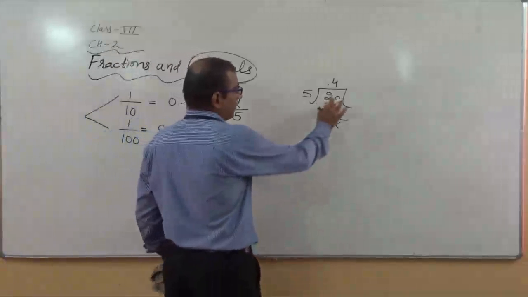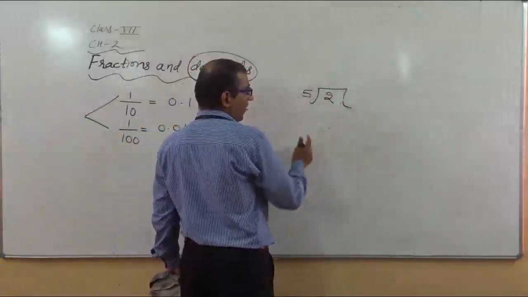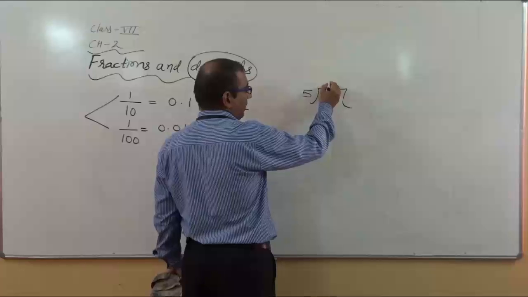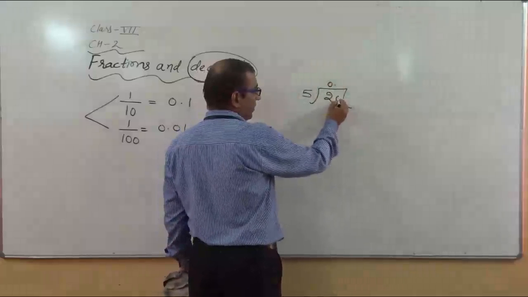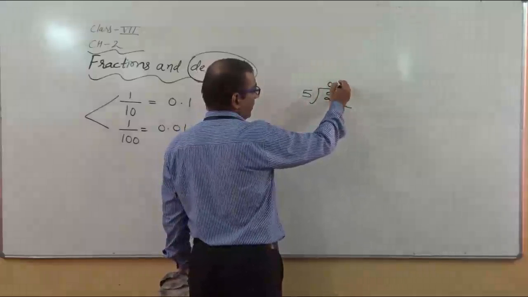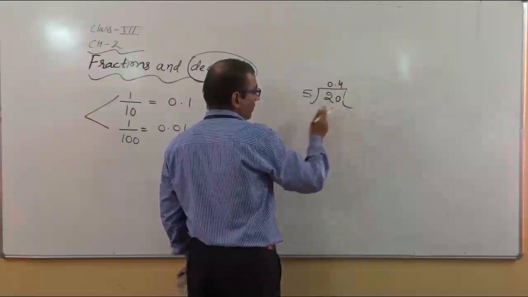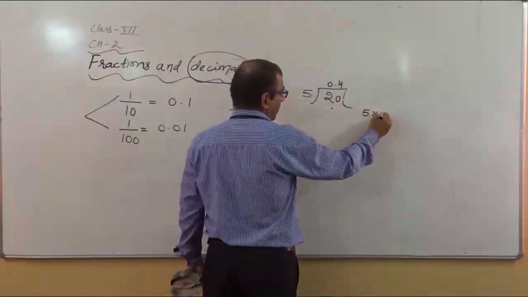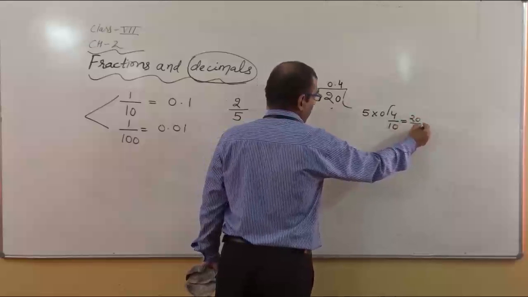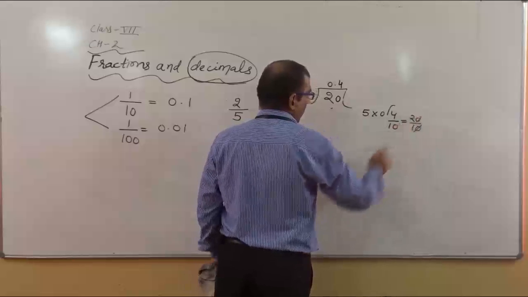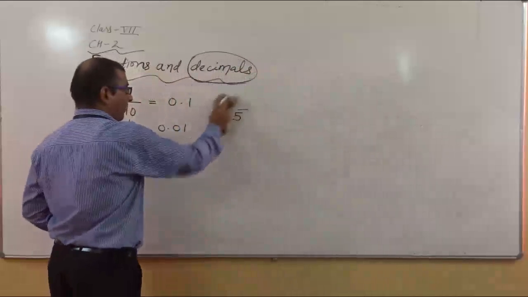Again check it. 2 divided by 5, it is not possible, so we write 0 point, then we write 0, and when you multiply it by 4, we will get 20 upon 10. In fact, I will take one more example.